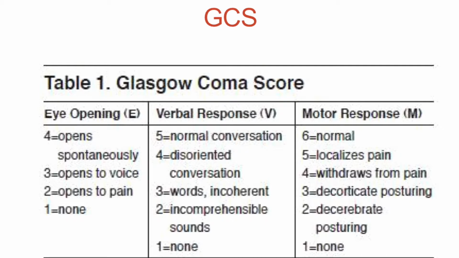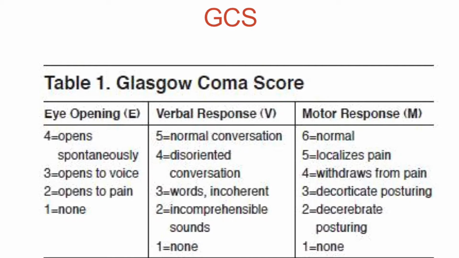Motor, I think of this as your 6-shooter or like a gun, so it's motor. So 6 would be normal. 5, they localize to pain. So if there's a painful stimulus, if we pinch their arm, they actually localize to that area. They grab that area with their other arm. 4 is withdraws to pain.